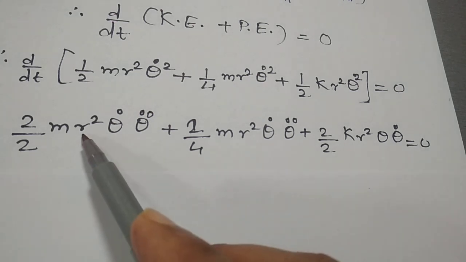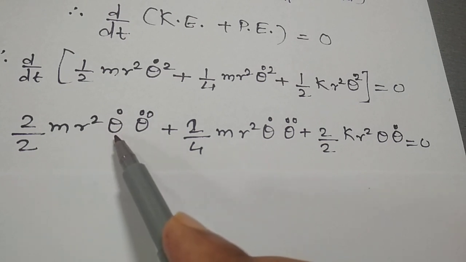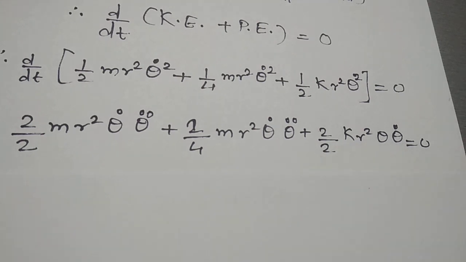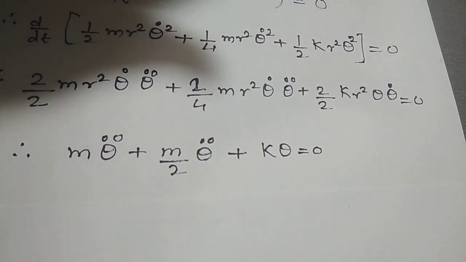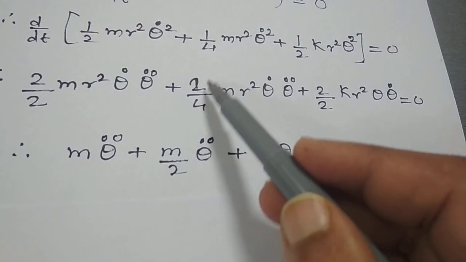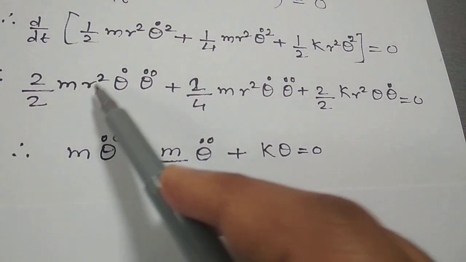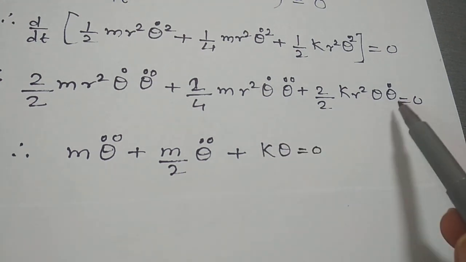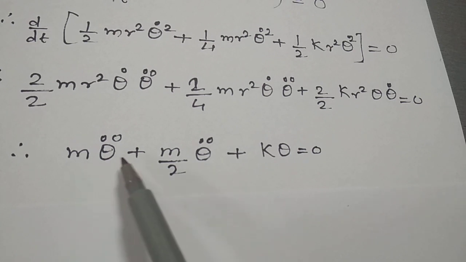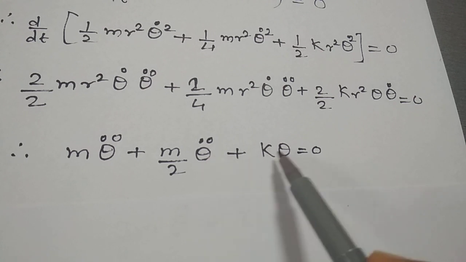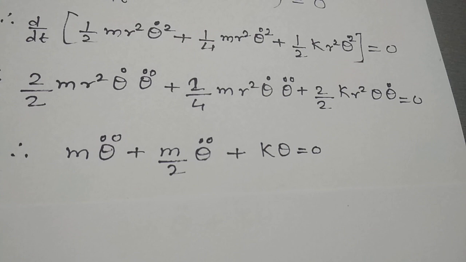Here r square and theta dot are common, and theta dot cannot be equal to 0, so we can cancel that. So the 2 cancels, r cancels, theta dot cancels, same thing here. So it will be m theta double dot plus m/2 theta double dot plus k into theta is equal to 0.